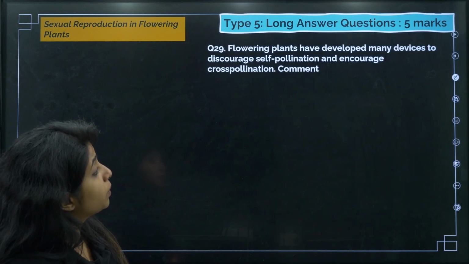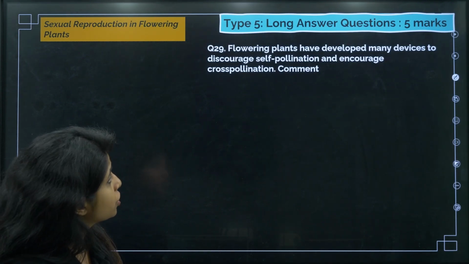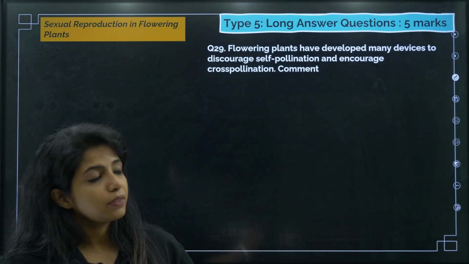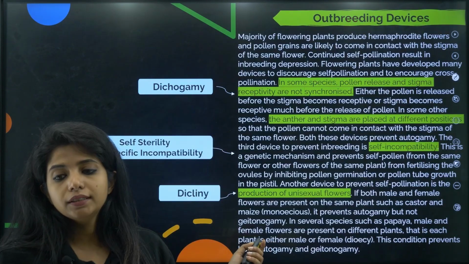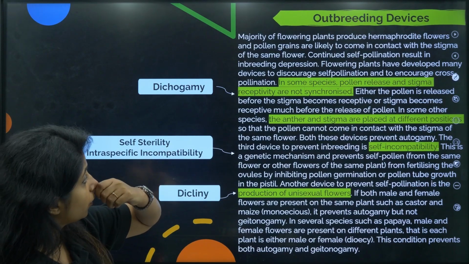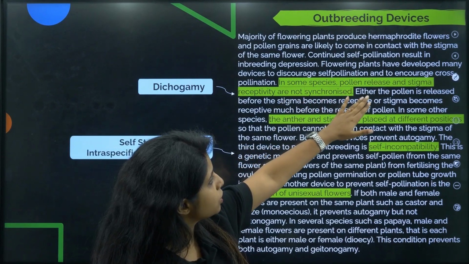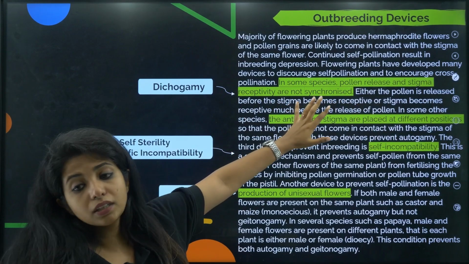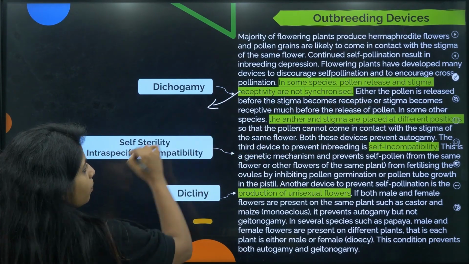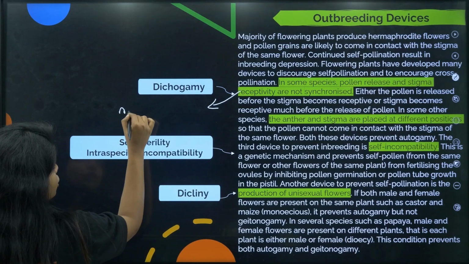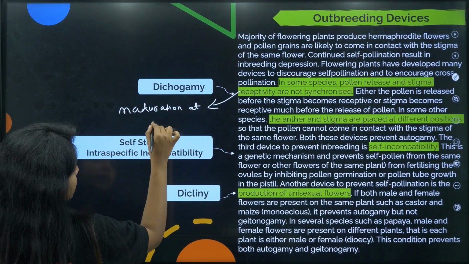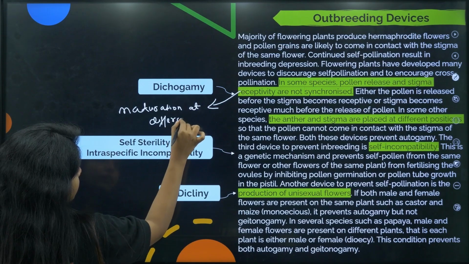Flowering plants have developed many devices to discourage self-pollination and encourage cross-pollination. Comment. So this is the same thing, the outbreeding devices. I already told you, but I'll explain it again. In some species, pollen release and stigma receptivity are not synchronized, as in the maturation is not happening at the same time.